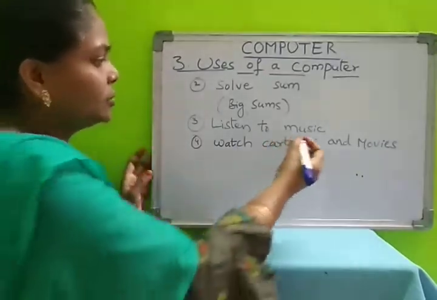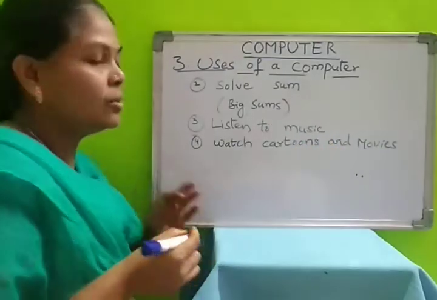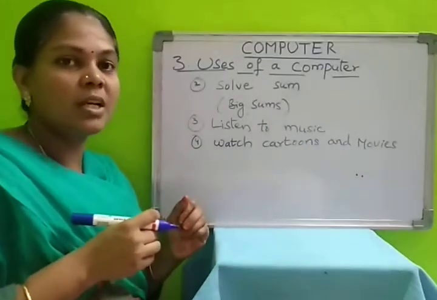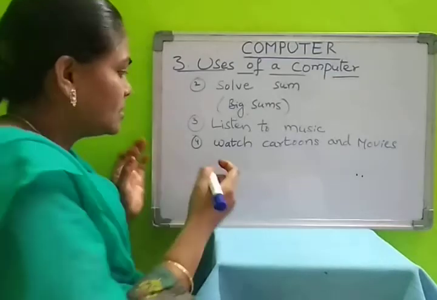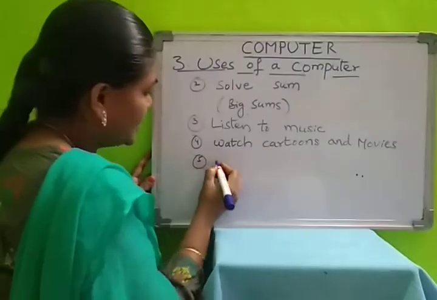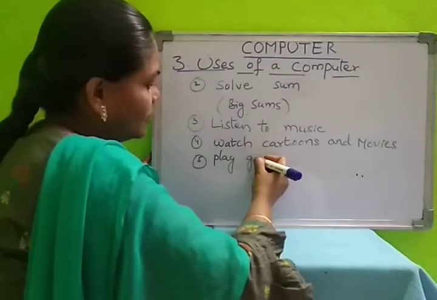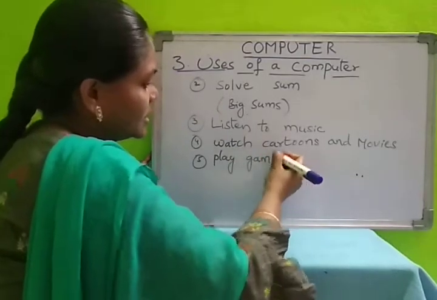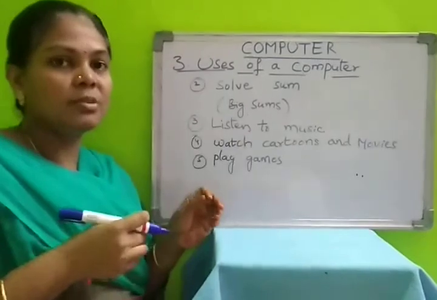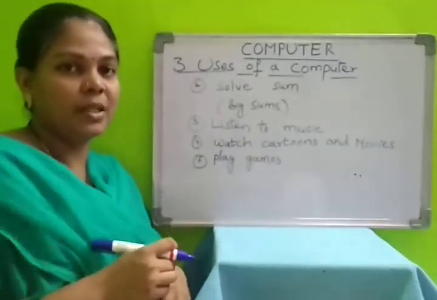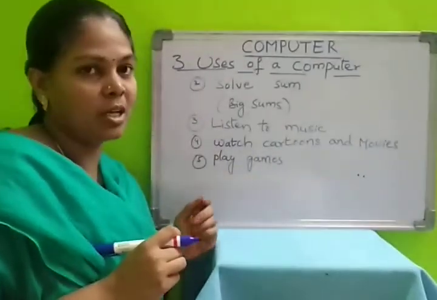Those cartoons and animated movies we can watch on the computer. Next, the fifth one is play games. You can play games, some cricket, football, chess games. All those games we can play using the computer.